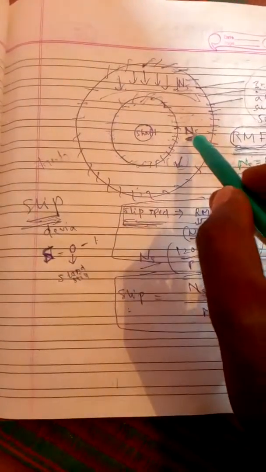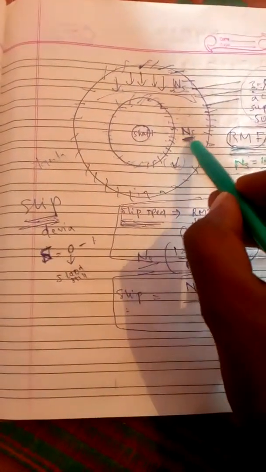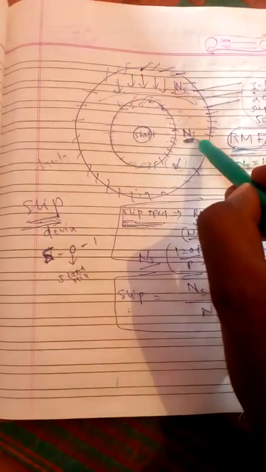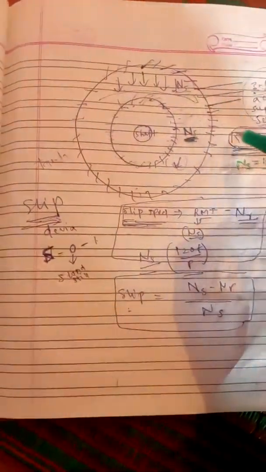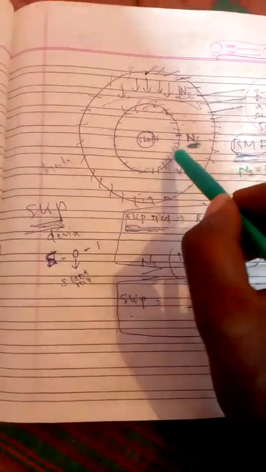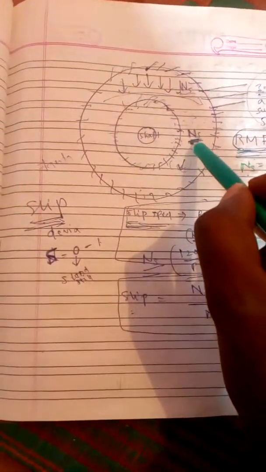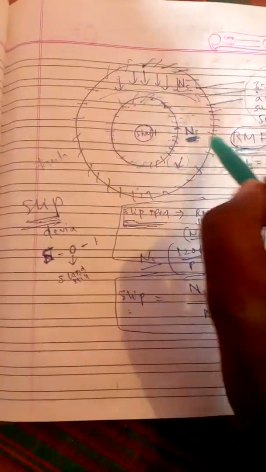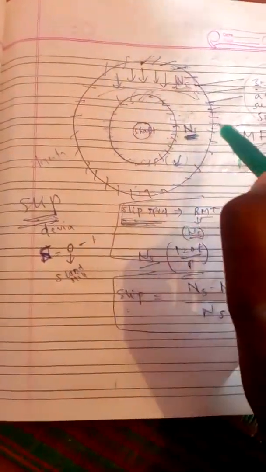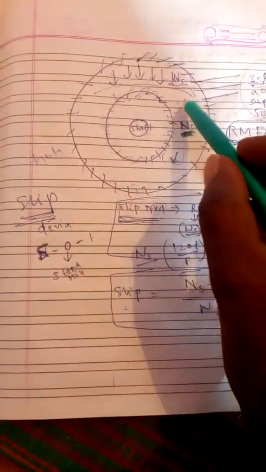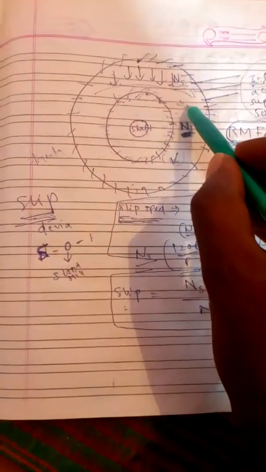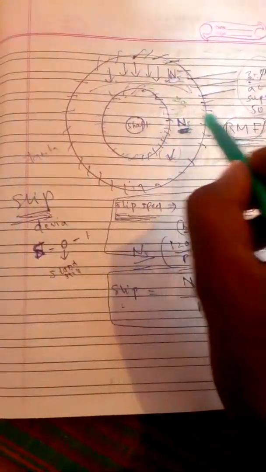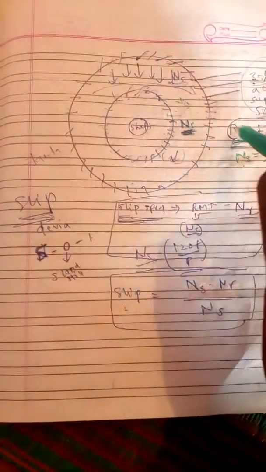If the rotor attains synchronous speed, there won't be any relative motion between the RMF and the rotor, and in that condition slip is zero. With no relative speed, Faraday's laws of electromagnetic induction are not working out.